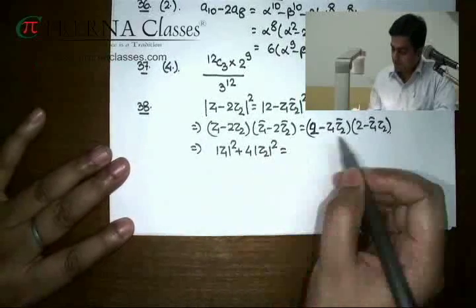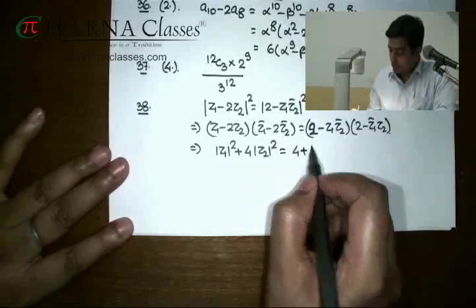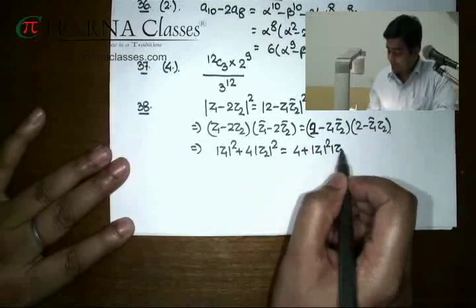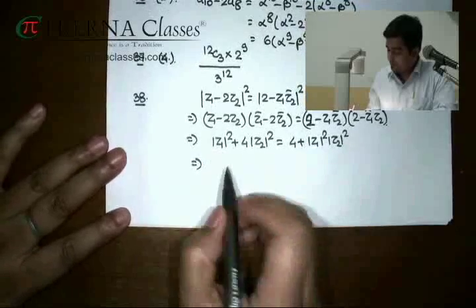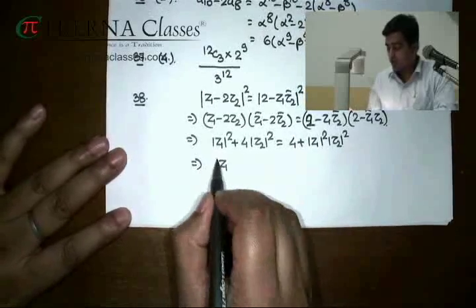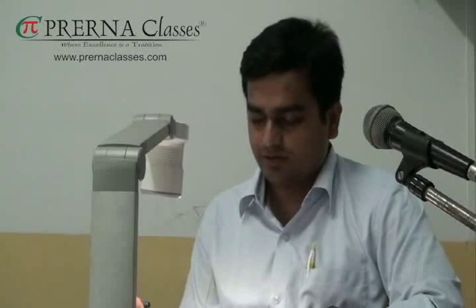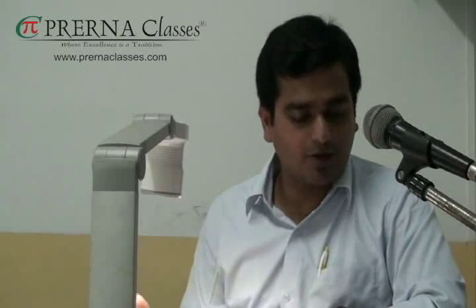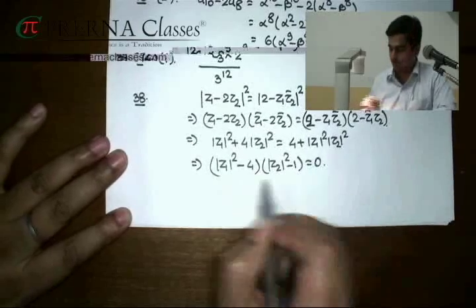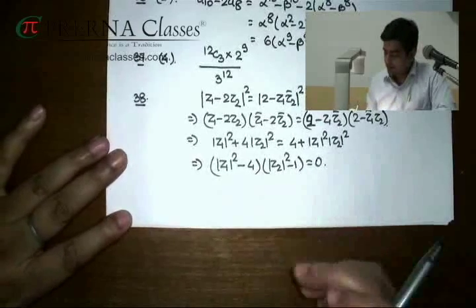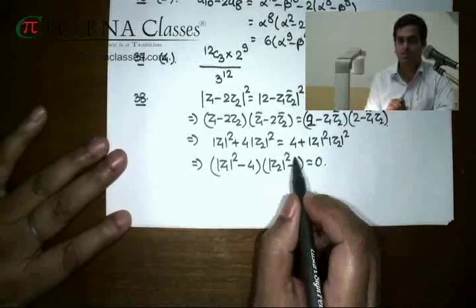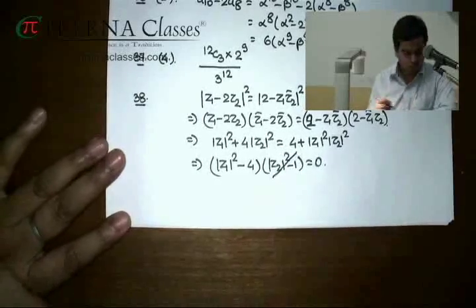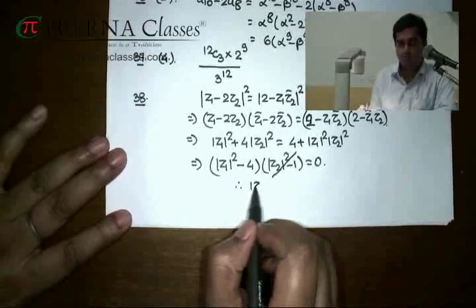Based on these four quantities, clearly you can check that mod z1 square times this product is going to be equal to 0, but it is given in the problem that z2 is not unimodular, which implies this bracketed quantity cannot be 0. Obviously then mod of z1 is equal to 2, which implies the complex number z1 lies on a circle with radius 2, which is matching with option 2.